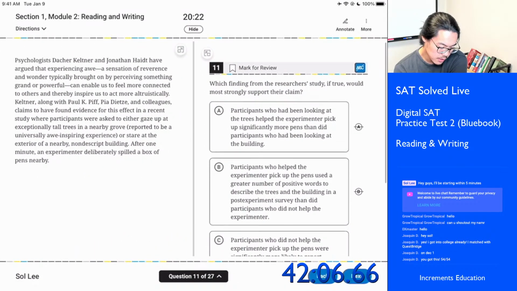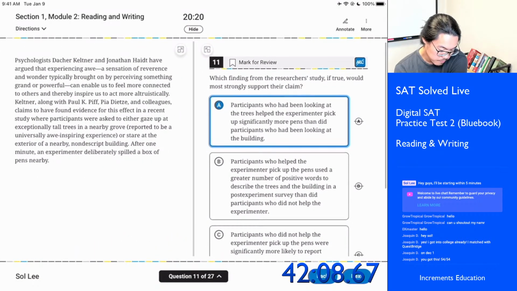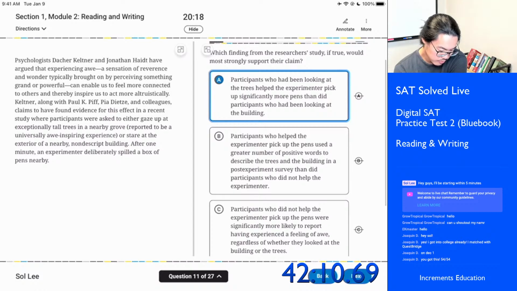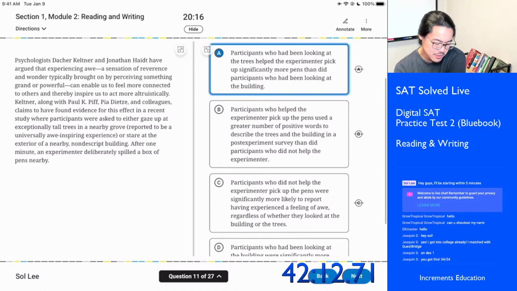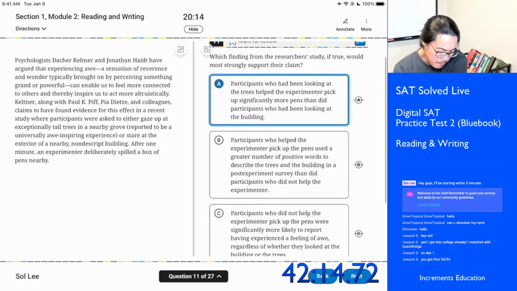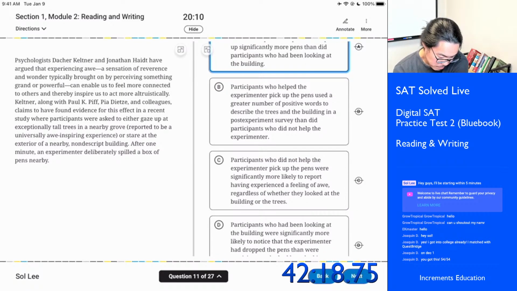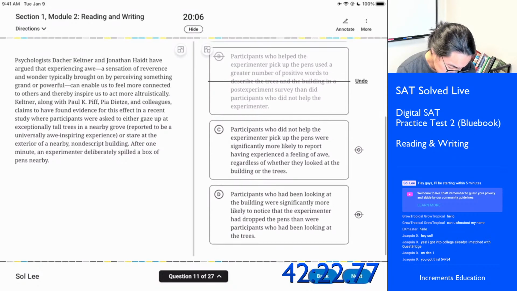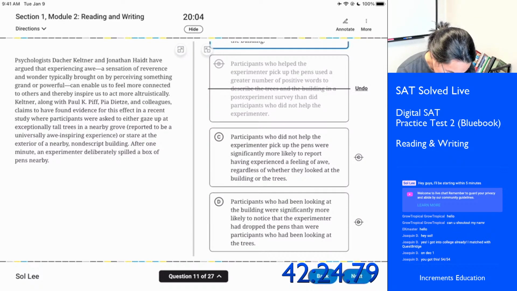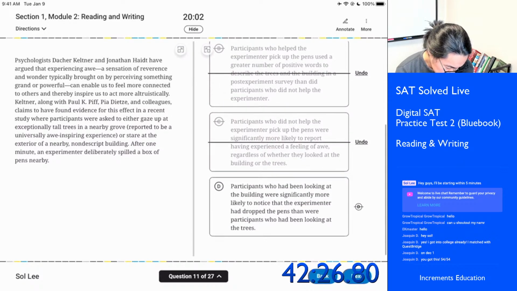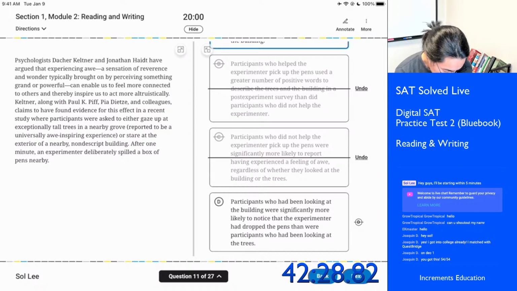So people who've been looking at the trees helped more pens. Yeah, that works. Although the number of pens is actually a little weird there. No, describing the trees is unrelated, because we're not talking about the awe right now. We're talking about the altruism.